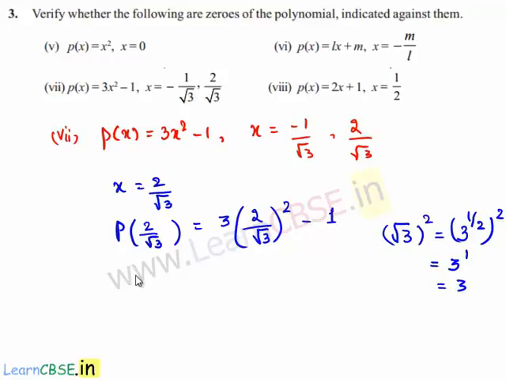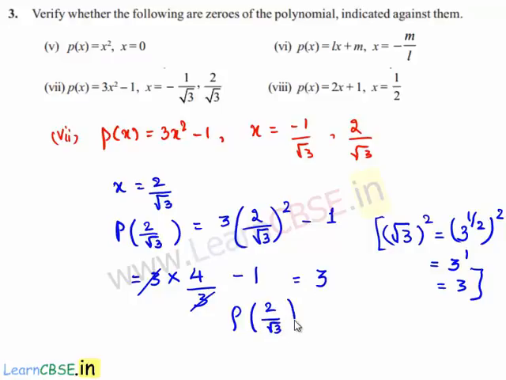This is equal to 3 times 2 square is 4, and we can see root 3 square is 3, minus 1. 3 and 3 gets cancelled and this becomes 4 minus 1, which is 3. Therefore, I can say that P of 2 by root 3 is equal to 3, which is not equal to 0.